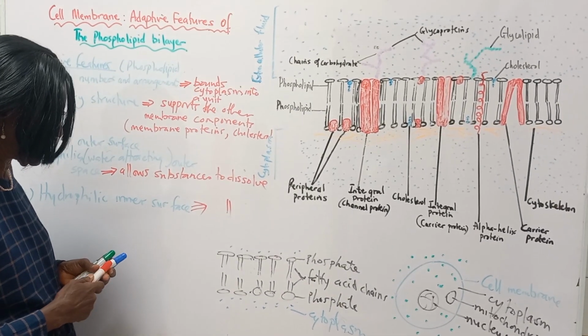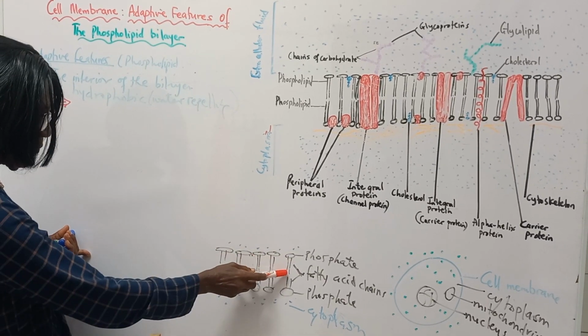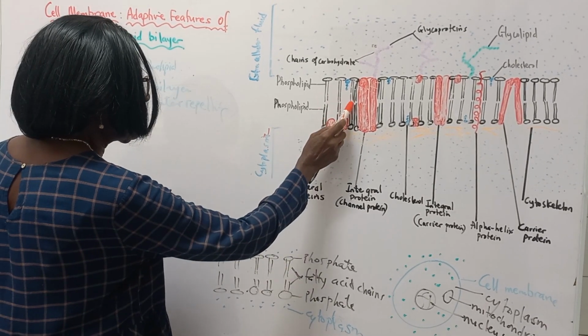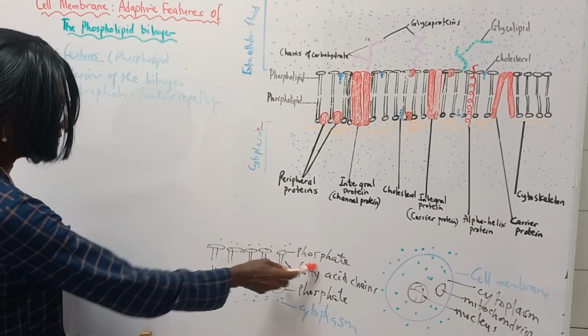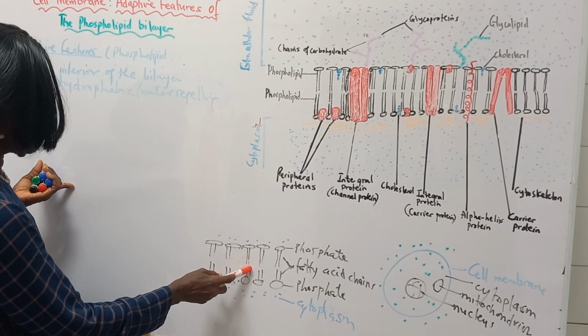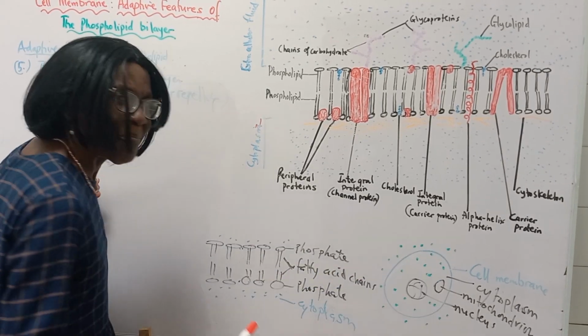Well, the interior of the phospholipid layer here is hydrophobic because it's fatty acid chains. Hydrophobic repels water. So the interior of the membrane repels water.